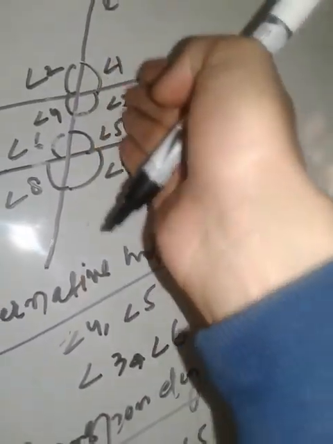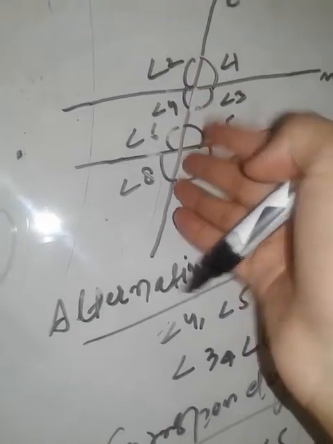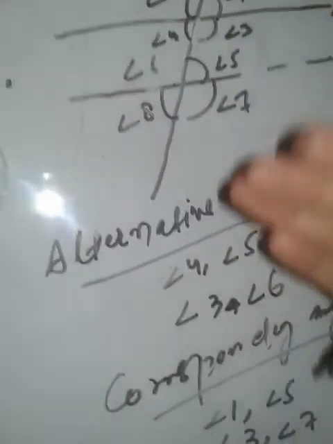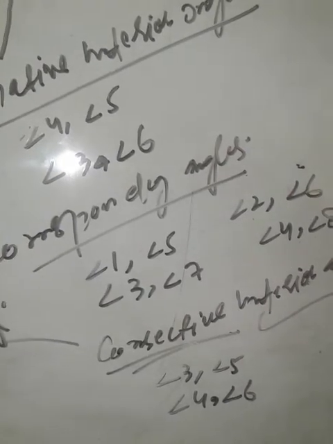Have a look. This is the transversal. These are interior angles on the same side of the transversal. So consecutive interior angles are also named by what? Interior angles on the same side of the transversal.